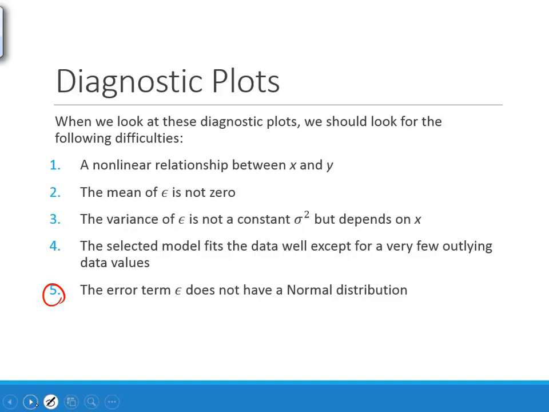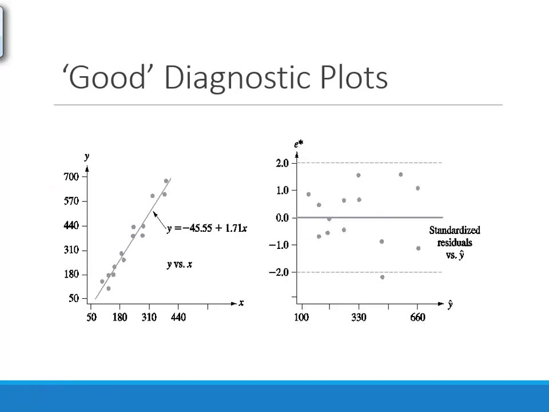So let's look at some examples of what your book says are good diagnostic plots. Here at the top, the first one is the scatter plot with the fitted regression line. And this is the residuals on the y-axis versus the predicted values. What we're looking for in this residual plot is no pattern.